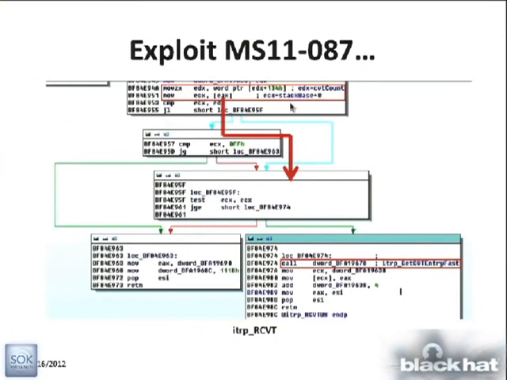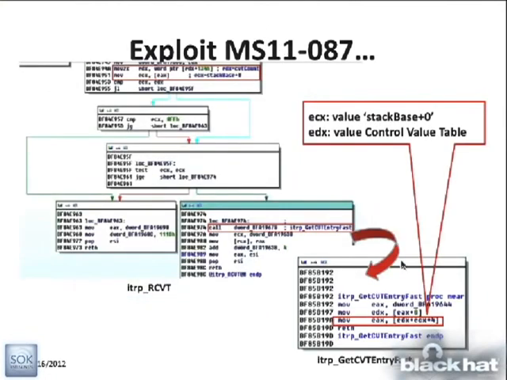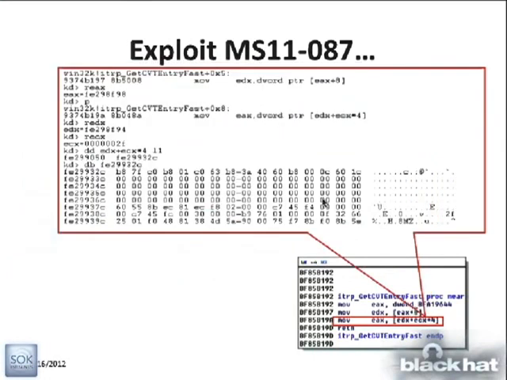When the value of cvtCount equals 81, this will cause the flow of execution to call another function, which is the itrp_GetCVTEntryFast instruction. In this function, you may see that the highlighted instruction retrieves the contents of the control value table. This slide shows that the changing of cvtCount will cause itrp_GetCVTEntryFast to point to the TTF font data offset address.